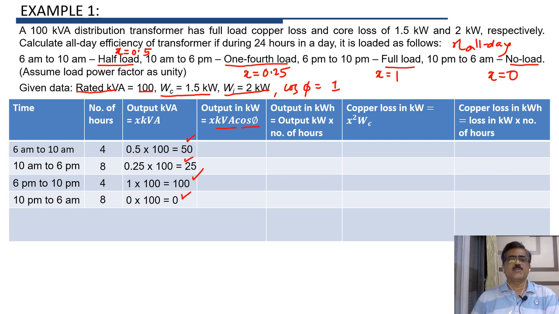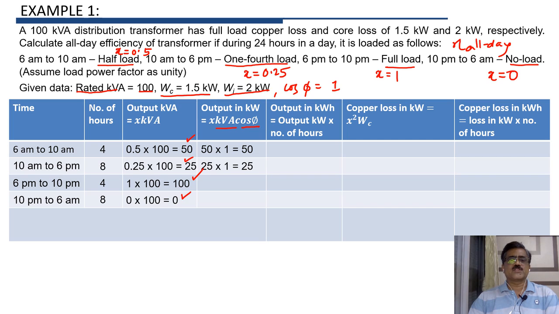In this example, cos phi is equal to 1 for all the loads, so we multiply X kVA by 1 in all cases. During the first time slot, the output is 50 into 1, that is 50 kilowatt.